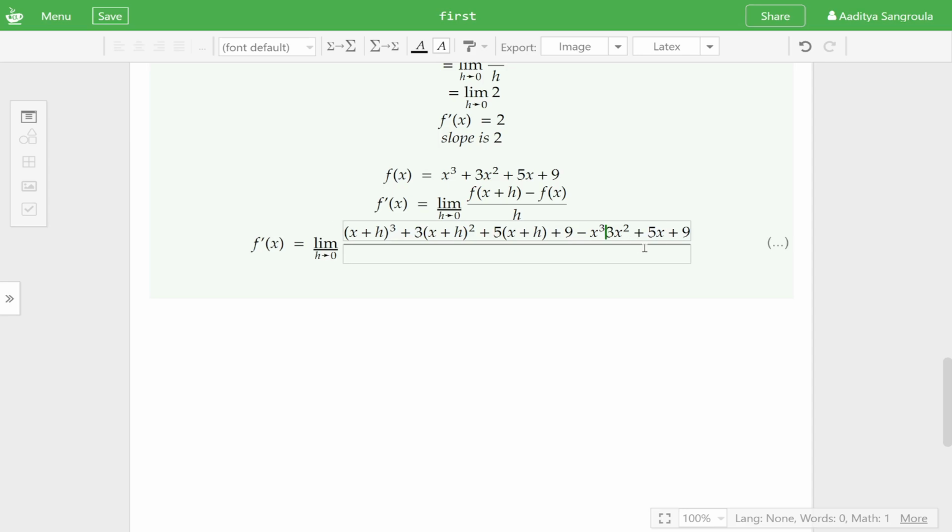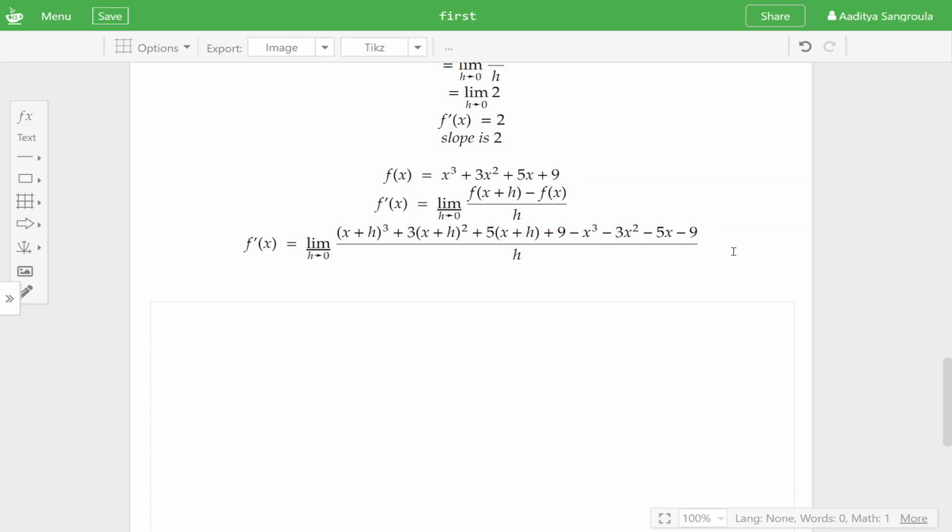These pluses are going to be replaced by minuses when we open the bracket with a minus. So this is what we get, right?